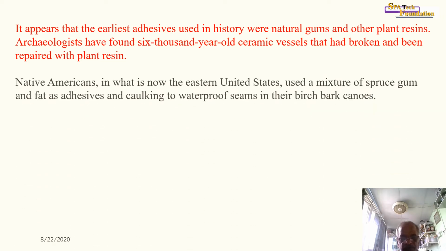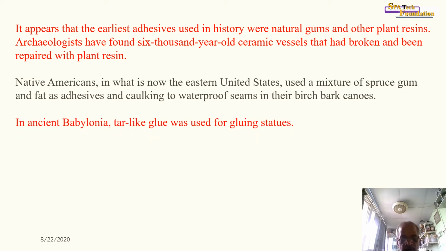Native Americans in what is now the eastern United States used a mixture of spruce gum and fat as adhesives and caulking to waterproof seams in their birch bark canoes.